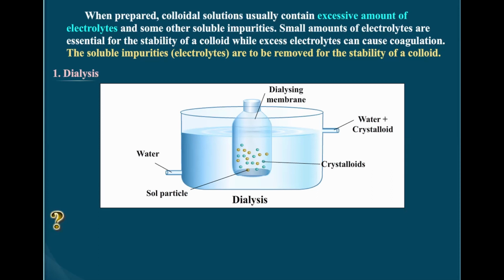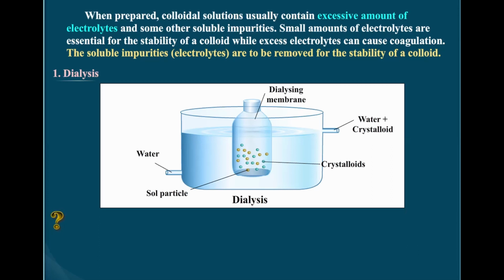The smaller electrolytes can pass through the pores of the membrane, while the bigger colloidal particles stay inside. Since particles of electrolytes or a true solution are very small, they can pass through the animal membrane, which can be a parchment paper or a cellophane sheet.